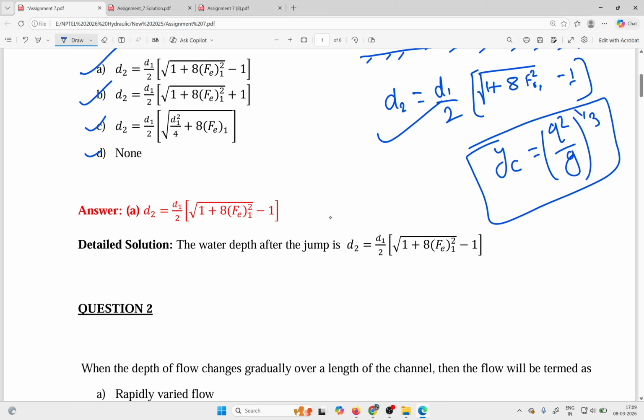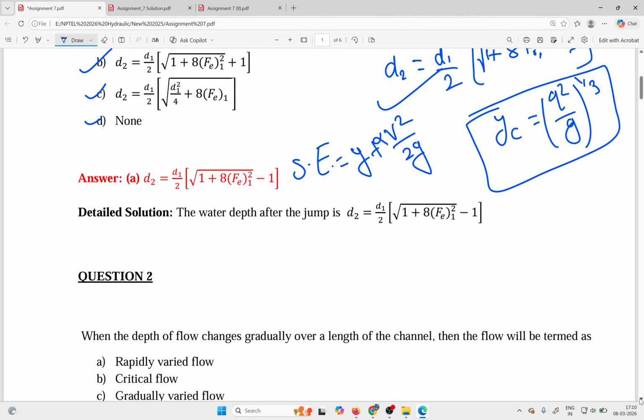And one relation is the energy equation, specific energy, y plus v square by 2g. Sometimes in the question alpha will be given, so you can consider it also. Okay, now let us move on to the next one.